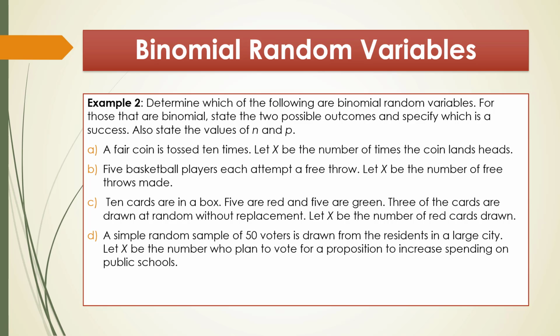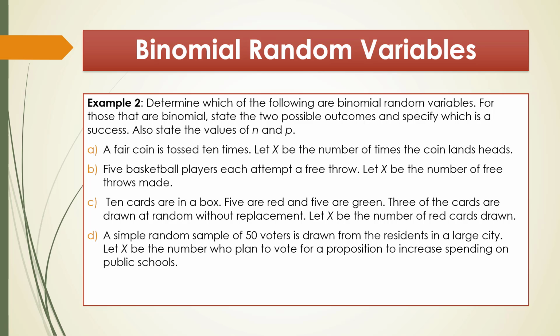And also, the second toss doesn't affect any other tosses. Here, X is the number of times the coin lands heads. If we say heads is success and tails is fail, then X is basically the number of successes. Therefore, the 5 conditions of binomial random variables are met. So X here is a binomial random variable.